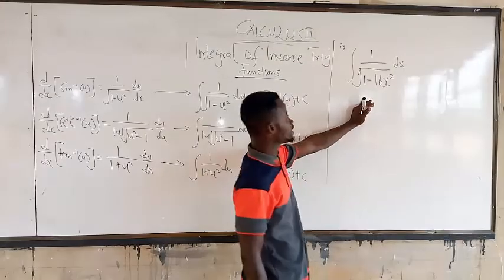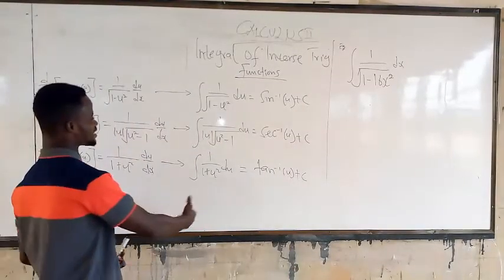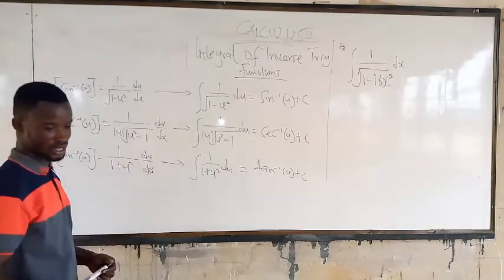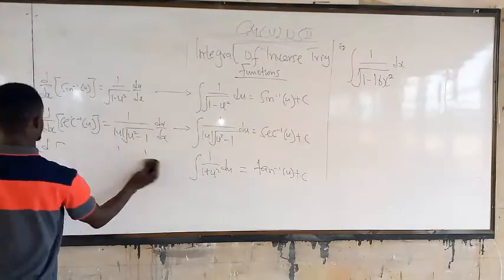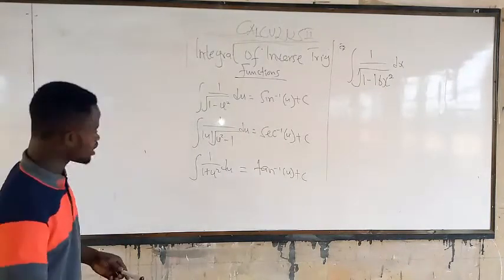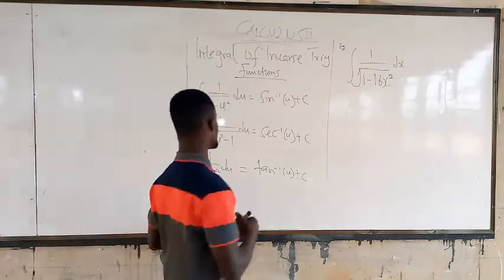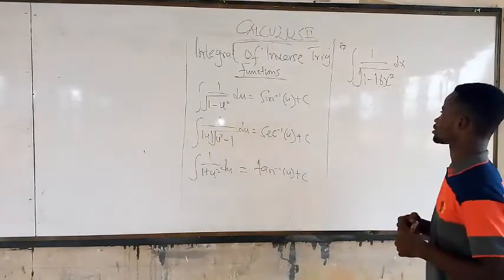Here, we have to let it be in a proper form so that we can relate it to some of these, okay? So let me clear up these parts so that we can relate it to something like this.